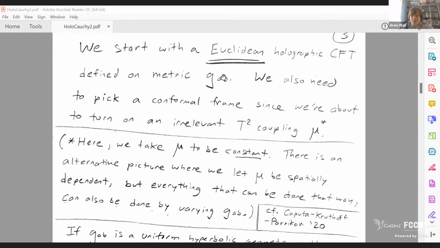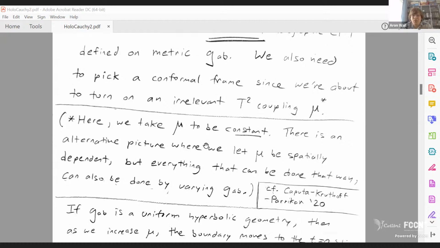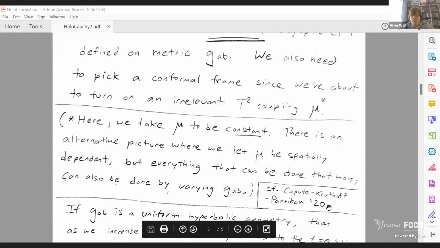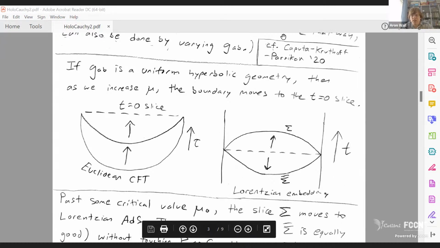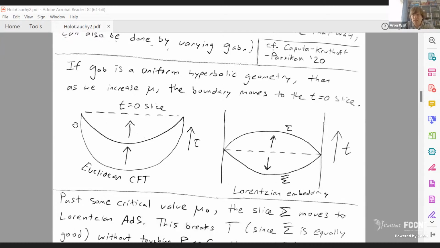So we found it technically easier to just have the constant mu. But there's people who did something a bit similar to what we're doing with the other convention, Caputa, Kruthoff, and Perlmutter, although they didn't evolve all the way into Lorentzian signature. They're trying to construct a theory on the t equals 0 slice.